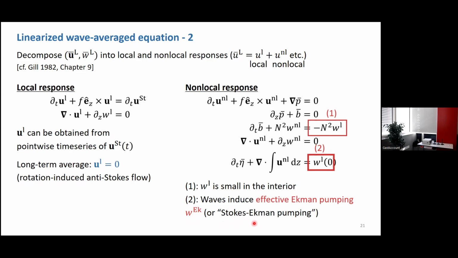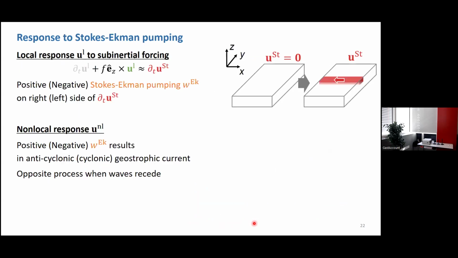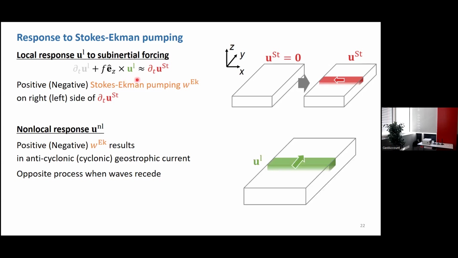So from this viewpoint, how can we understand the simulation results? When the waves start from 0 and develop, during that process, the local response equation is balanced like this. Because the forcing is in the superinertial timescale, the Coriolis force dominates the balance. So it ends up in this direction.